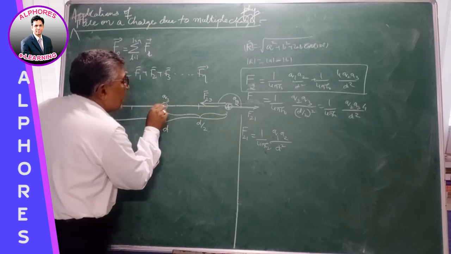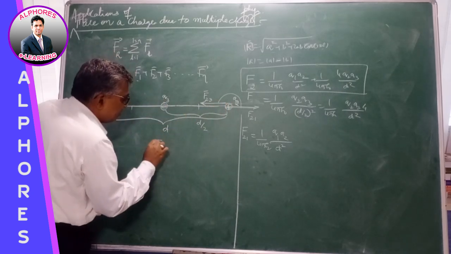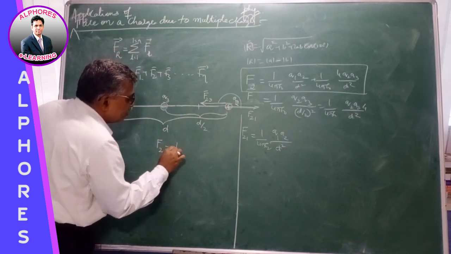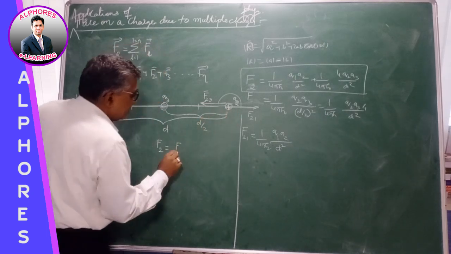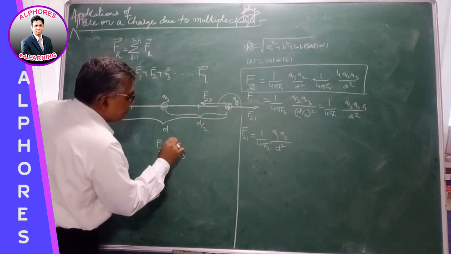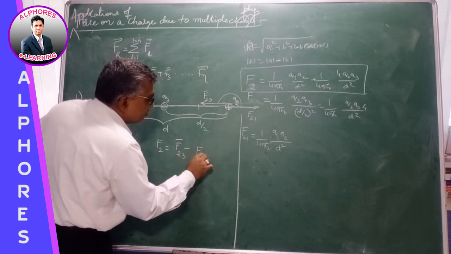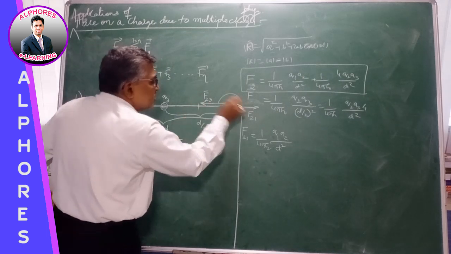Now if this is an unlike charge, then the resultant force on 2 is the opposite force, so it is force F23 minus force F21. This force minus this force, right?